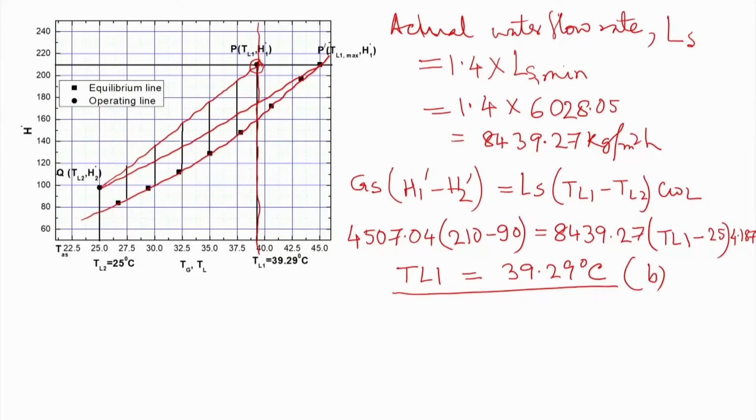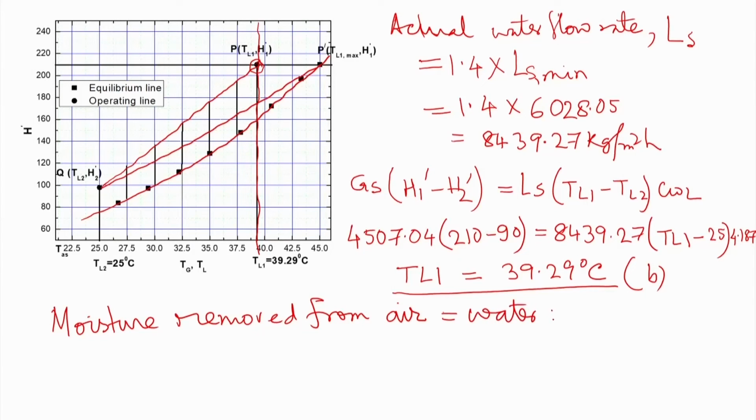Now, the third question asked is the moisture removed from air, that is, how much water is condensed during this process per hour. That is Gs into y1 prime minus y2 prime.